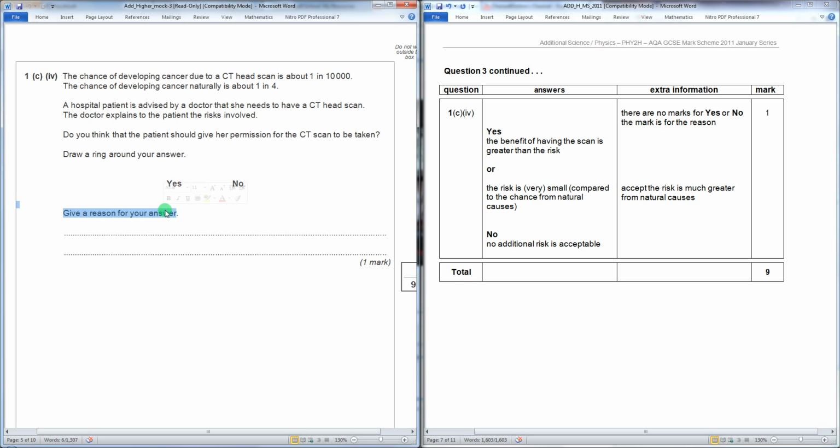So you can pick yes, and if you pick yes, the reason you want to have is that the benefit of having the scan is greater than the risk, or that the risk is very small, 1 in 10,000, compared to the natural level. So that 1 in 10,000 is not going to make a big difference compared to the 1 in 4. If you chose no, then all you have to do very simply is say that it's not okay to have any additional risk of developing cancer. And that's it.